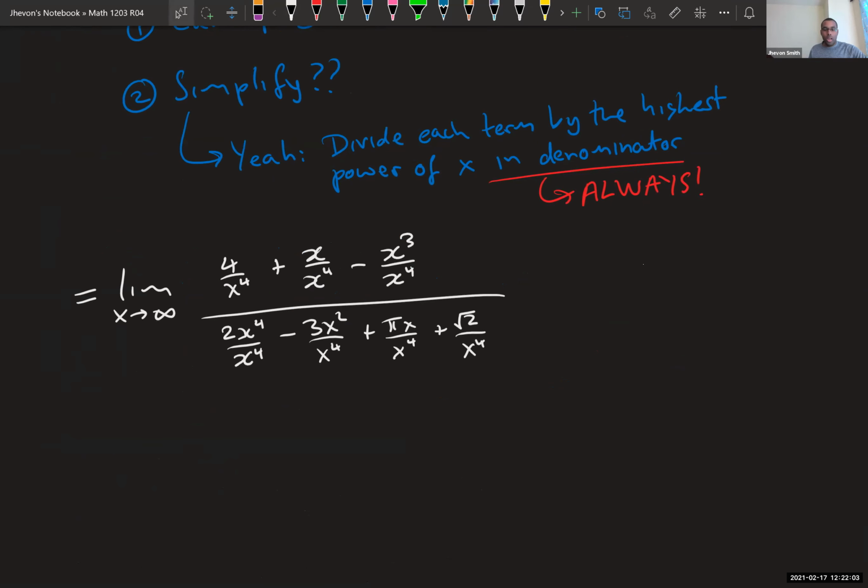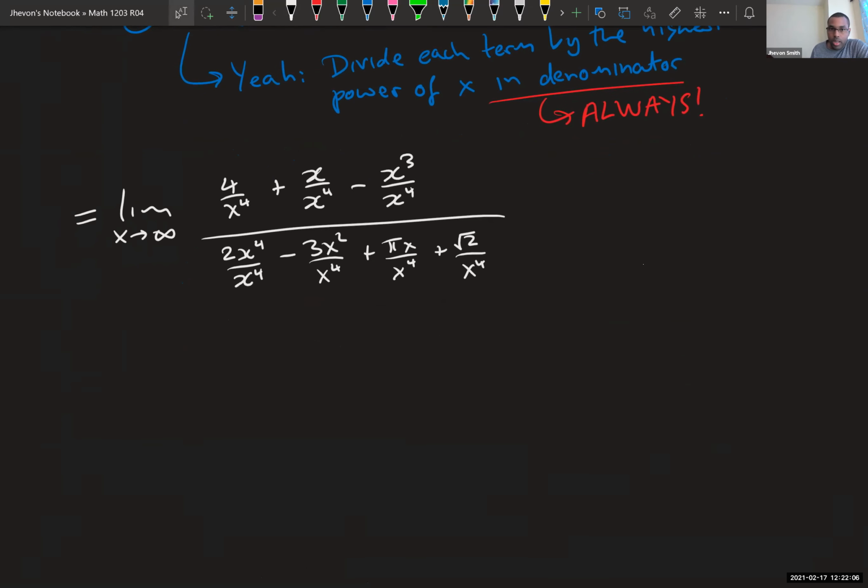Right? You will notice that this is going to simplify. So this becomes 4 over x to the 4th plus 1 over x cubed minus 1 over x, over 2 minus 3 over x squared plus pi over x cubed plus radical 2 over x to the 4th.